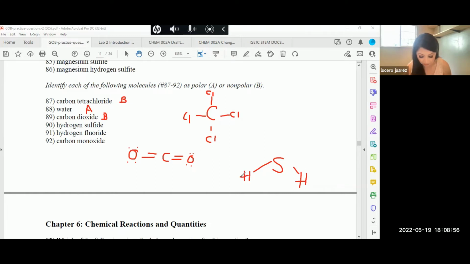Hydrogen sulfide. I put A, polar. It's actually B. Yeah, it should be B. The reason why is, well, water is polar, but sulfur has a weaker electronegativity. It's about the same as the hydrogen, just a little bit more. So if it is polar, it's very, very weakly polar.